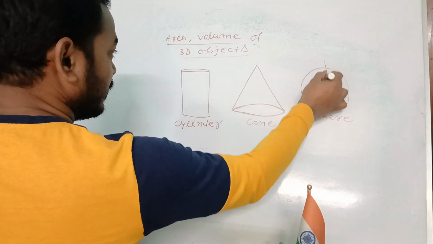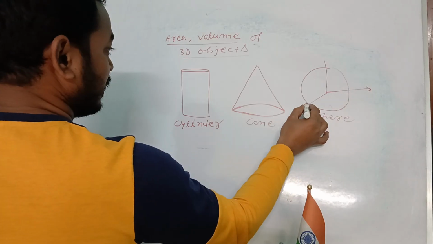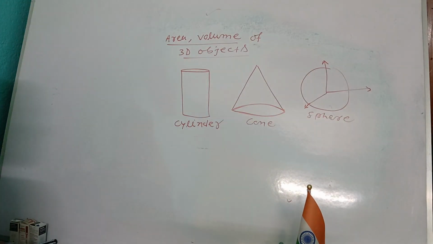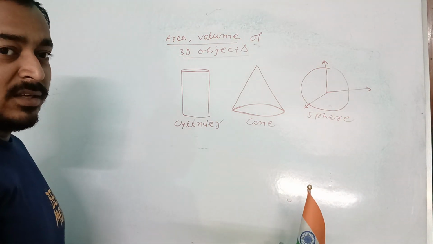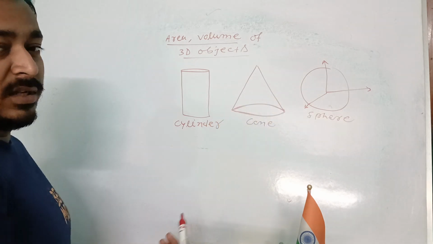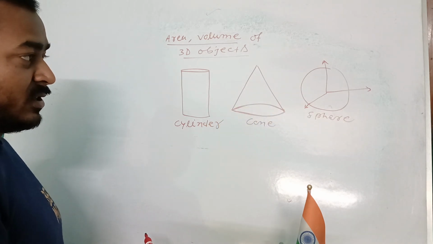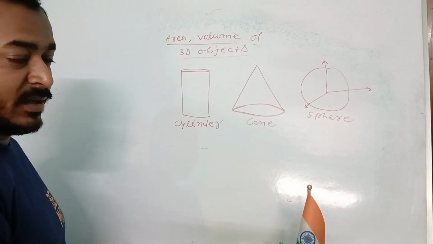To represent a sphere, show the three axes, x, y, z axis. Then it is a sphere. Otherwise, if you just draw the region, it is a circle only, so 2D. To show a 3D object, you have to show three axes, x, y, and z.